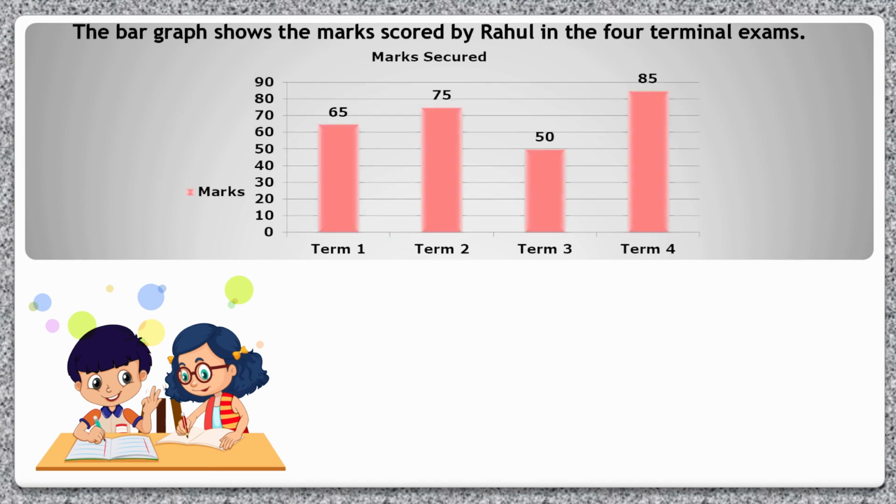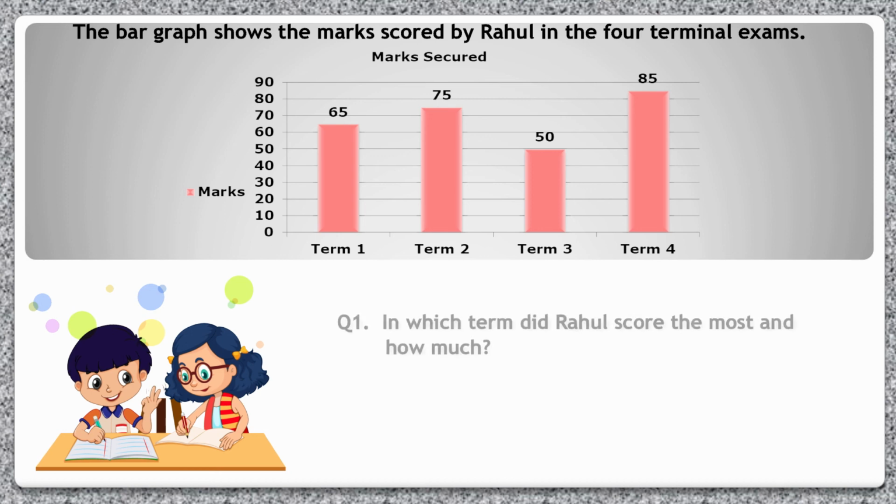But before winding up, your homework for today is you have to interpret the data of the following graph. The bar graph shows the marks scored by Rahul in the 4 terminal exams. Dear children, you have to answer only 2 questions.